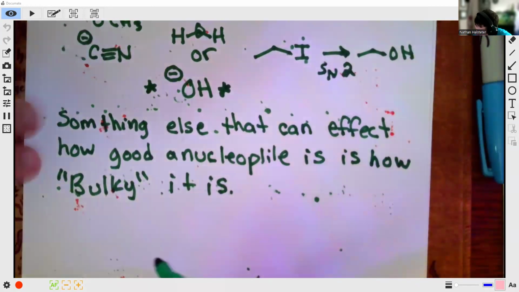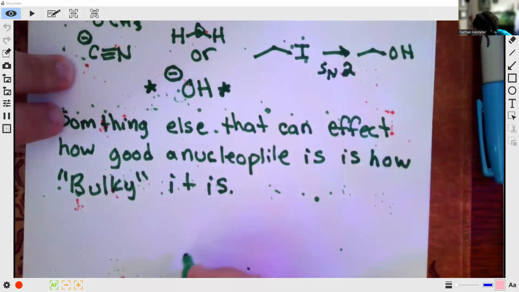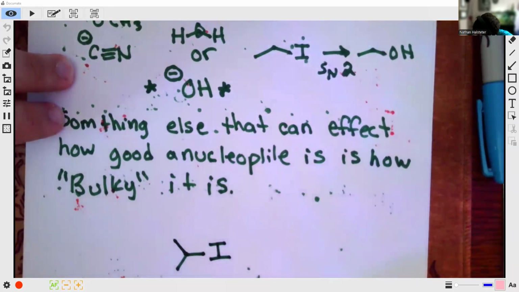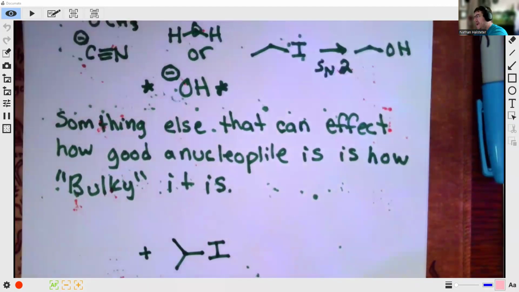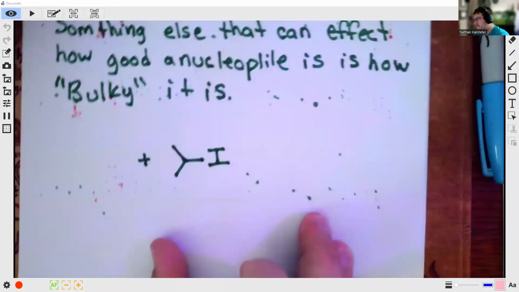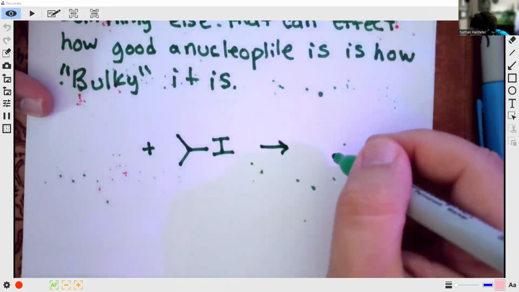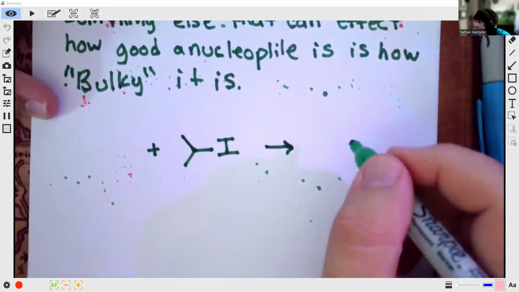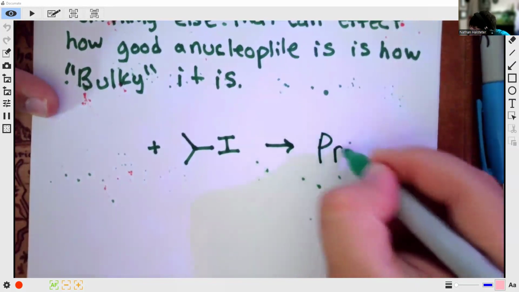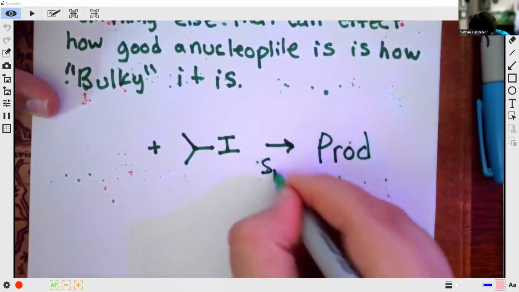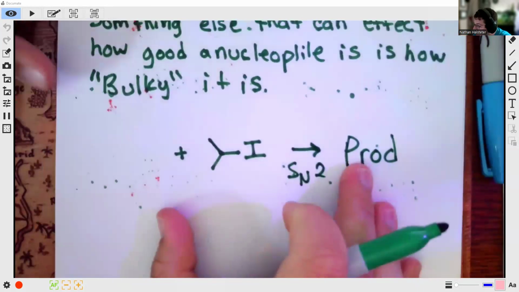So let's look at an example. Again, say we have this carbon here, this alkyl halide. And we need to choose a nucleophile to do this SN2 reaction. We'll just say products, say SN2. So what's going to be better to use here?